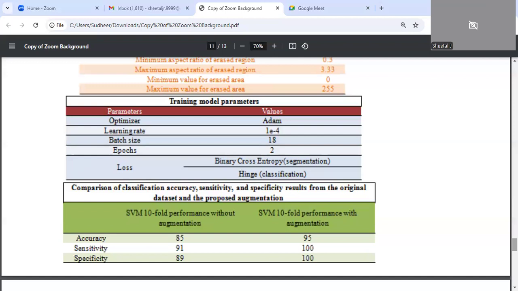Then we have also compared the performance before augmentation and after augmentation.